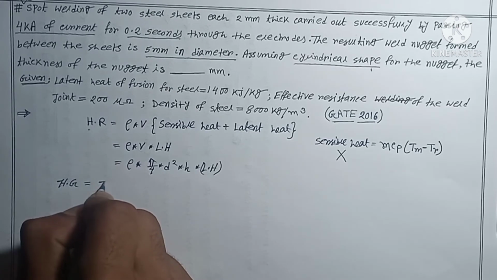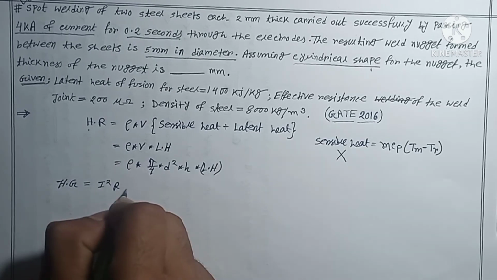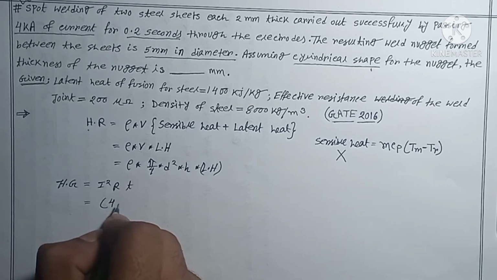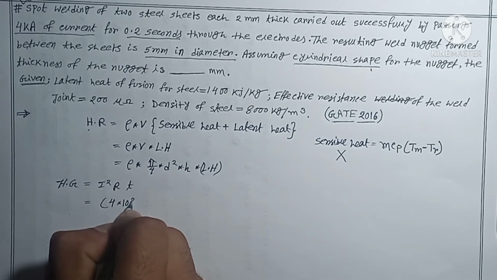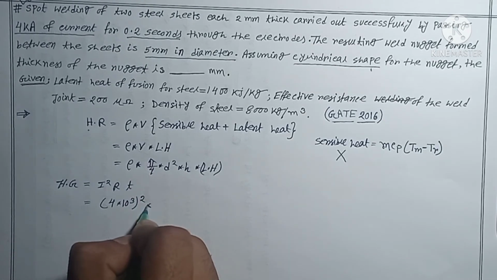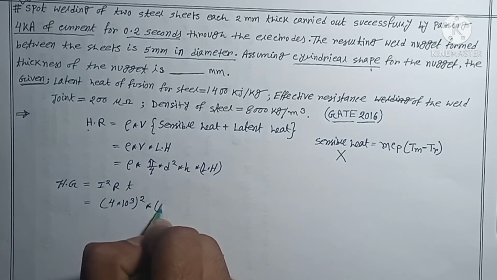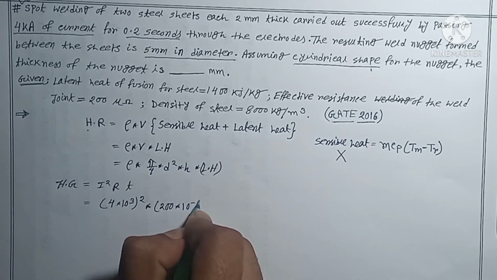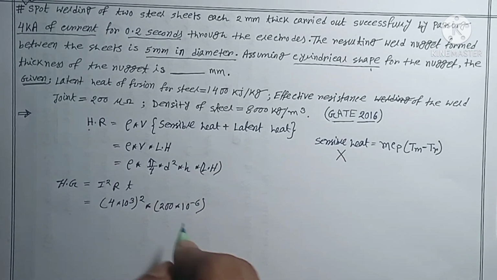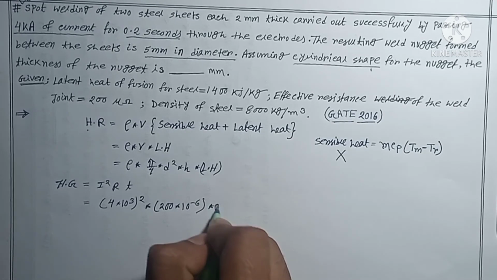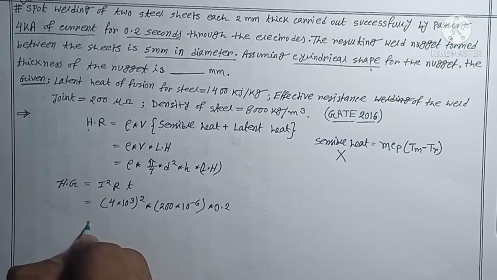all the formula is given, I square R T. I value is provided as 4 kiloampere, so 4 into 10 cube, we converted it into ampere, then square of it. Resistance is provided as 200 micro ohm, convert it in ohm, so 10 power minus 6, I am multiplying it with 200, then time is provided as 0.2 second.